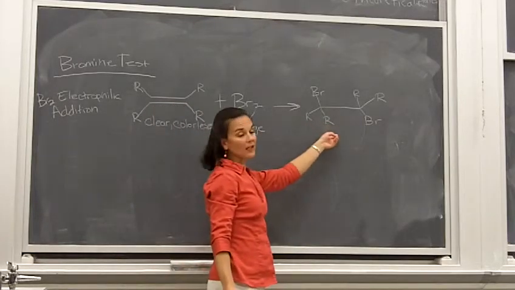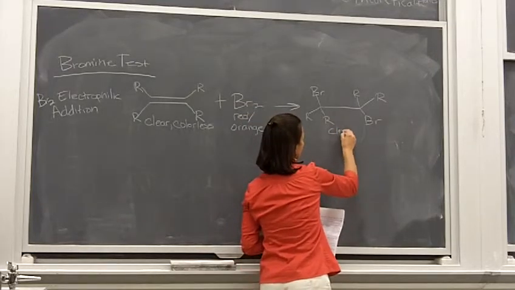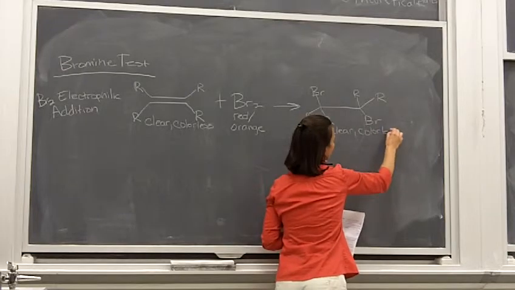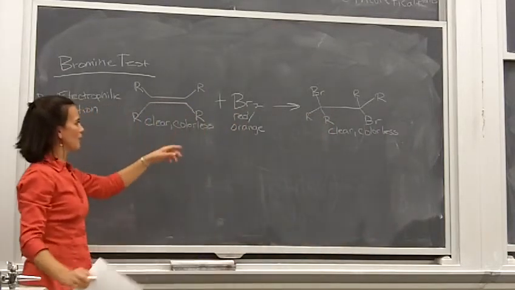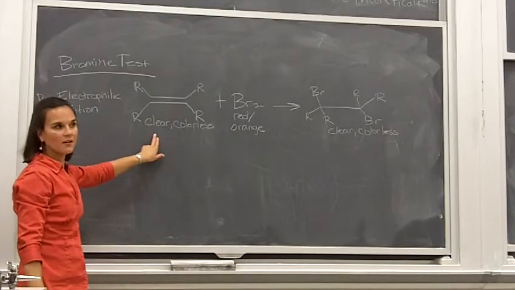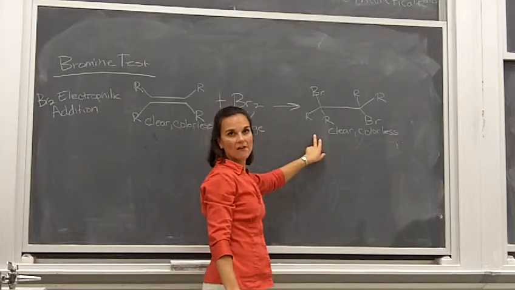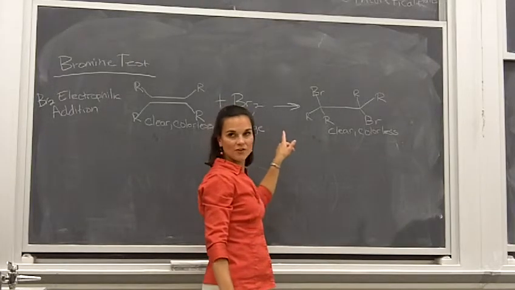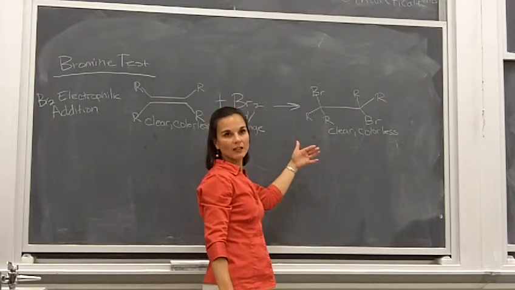When you add bromine across that double bond, this is clear and colorless as well, okay? It's kind of funny sometimes to keep track of what's going on. You're starting with clear and colorless, you add red-orange, you end up with clear and colorless if you have an alkene. So the disappearance of this red-orange is a positive test for the alkene, okay?